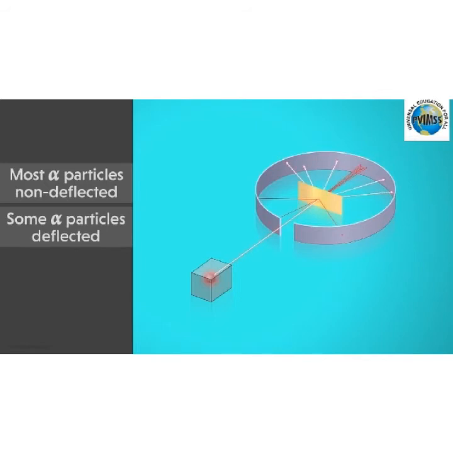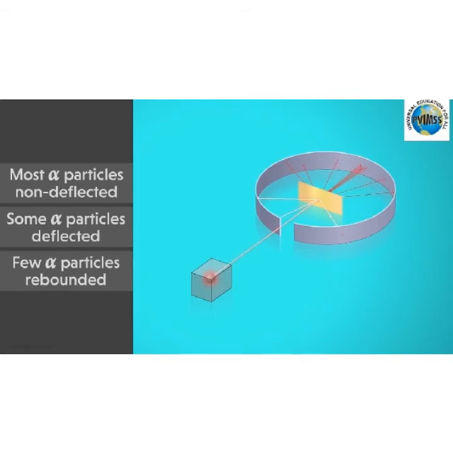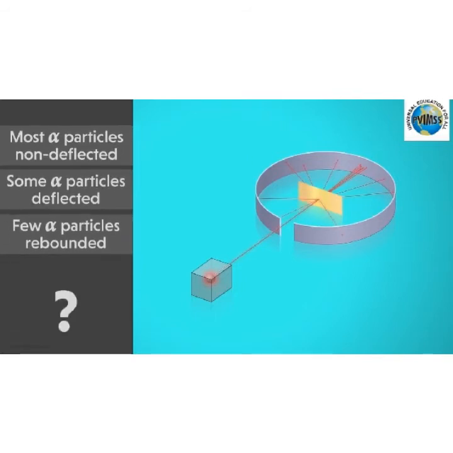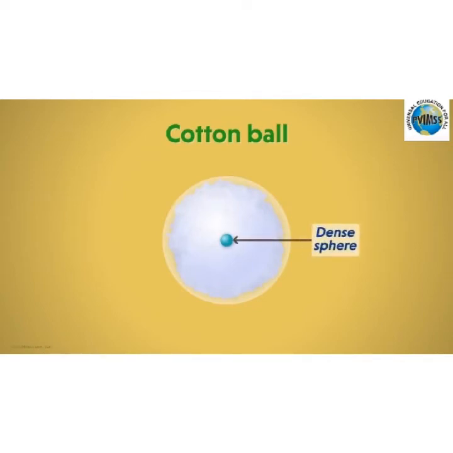He found that most of the alpha particles pass straight through undeflected, whereas some alpha particles are deflected by a small angle. Few of the alpha particles are rebounded. Let us understand with an example of a cotton ball. The cotton ball has a hard, dense sphere at its center that can resist a bullet.